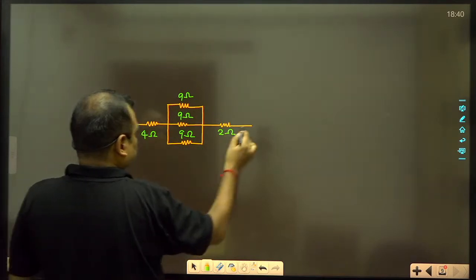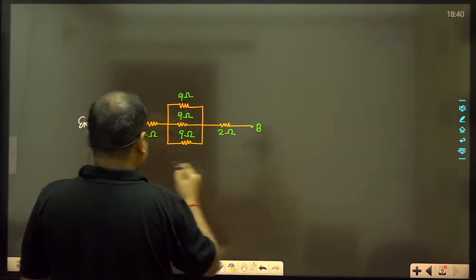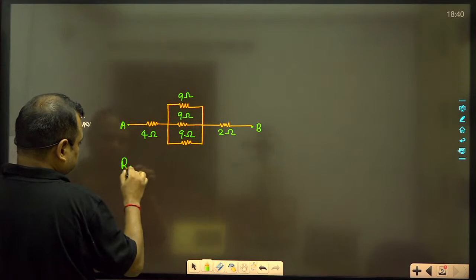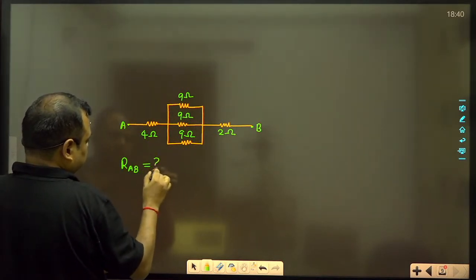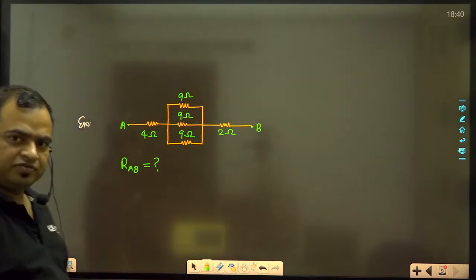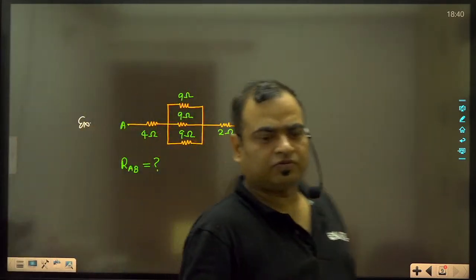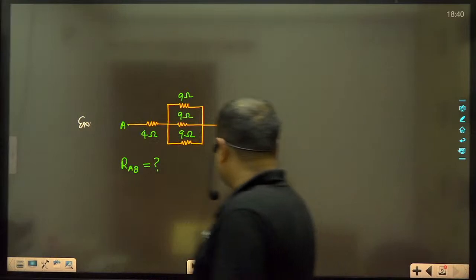So this is A and this is B. So what is the resistance between A and B? What will be the value of R AB? So how can we calculate?